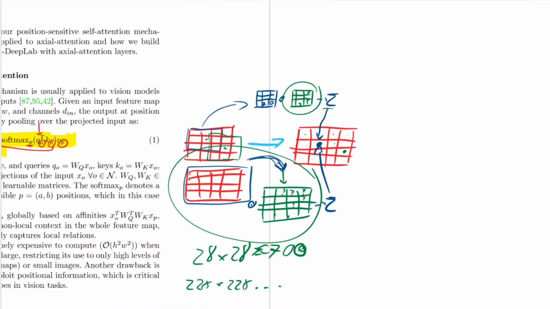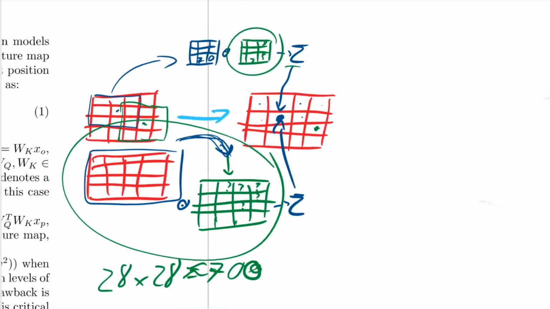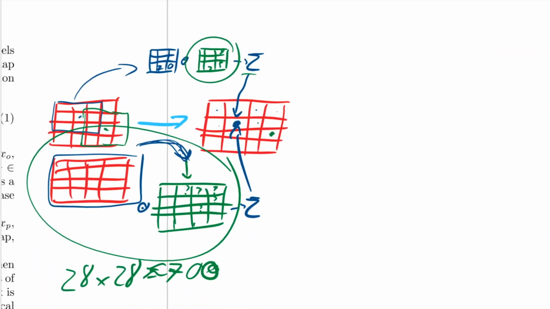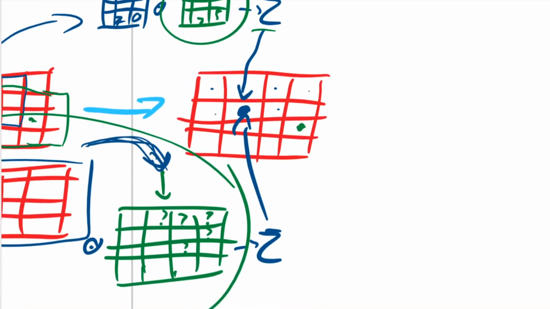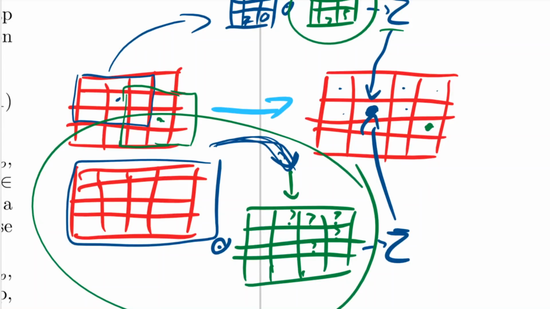So people have been playing around. The reason why I introduced it this way is people have been playing around a bit with coming up with an intermediate, a compromise between the two. So the compromise that this paper focuses on is a compromise where, you remember when I said, where does the information for a given pixel come from? And we said, okay, it can come from anywhere in the attention framework.